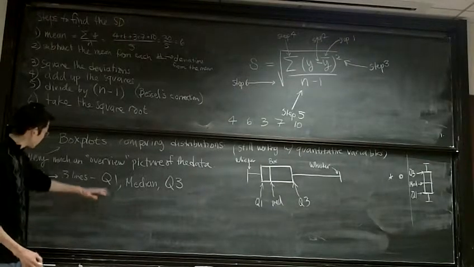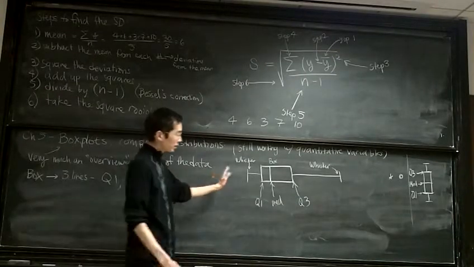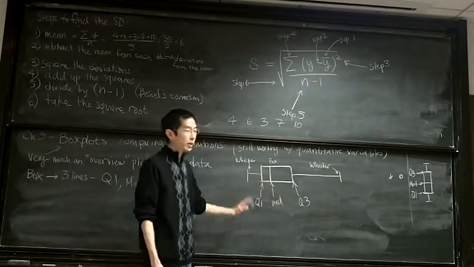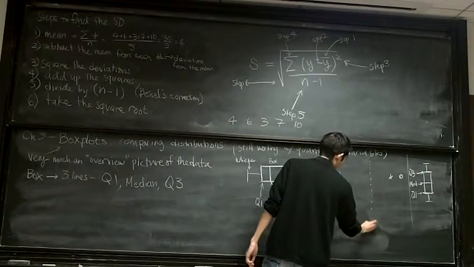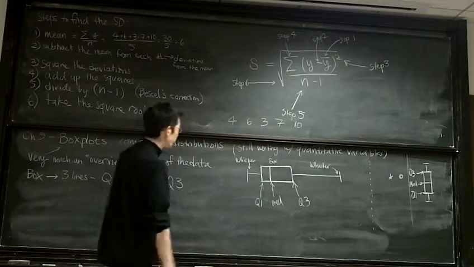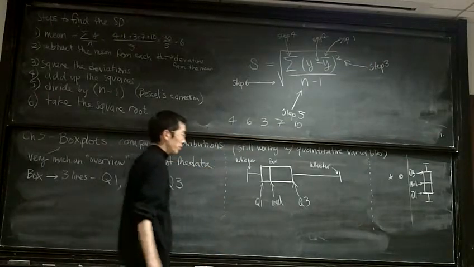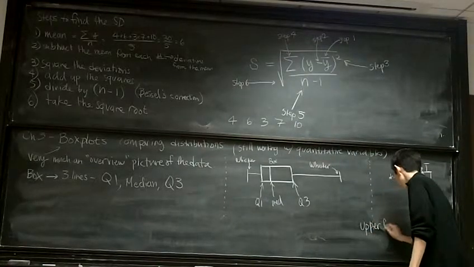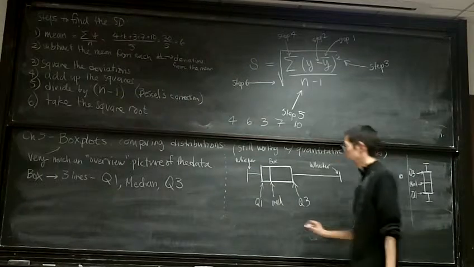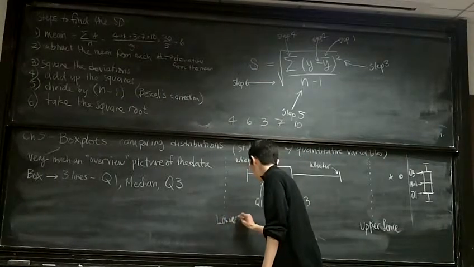We've defined the box, and although we don't see them on the box plot itself, there is an upper fence and a lower fence.